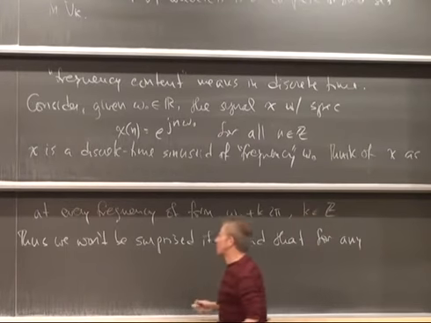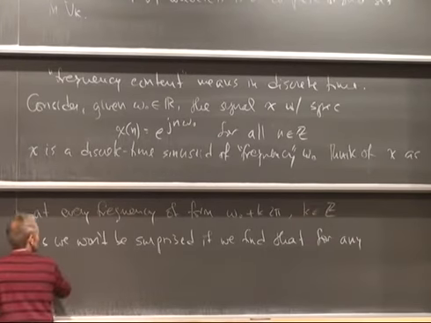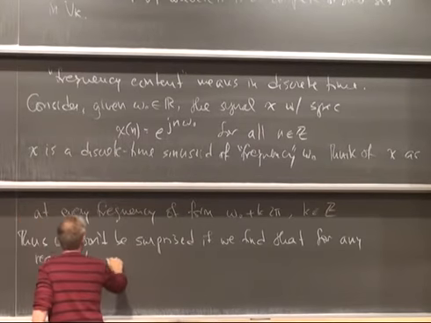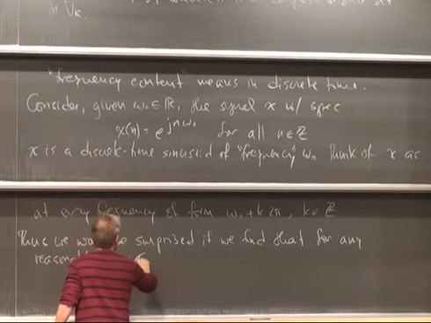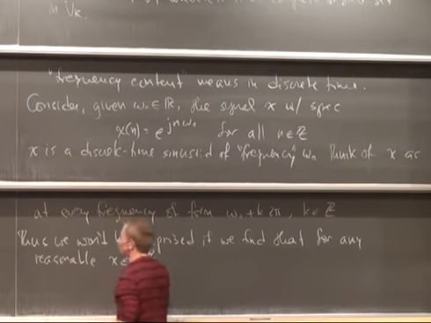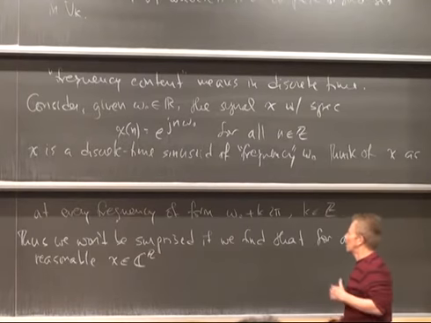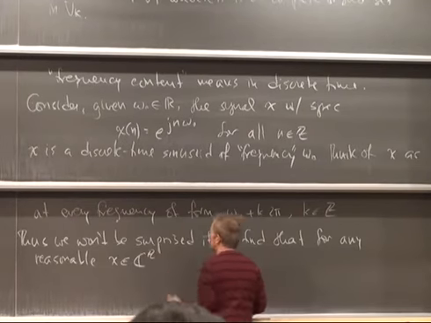that for any discrete time signal x, so for any reasonable discrete time signal x in c to the z, let's again assume, as we did for the continuous time Fourier transform, that all the signals are complex valued, but now we're talking about c to the z instead of c to the r.